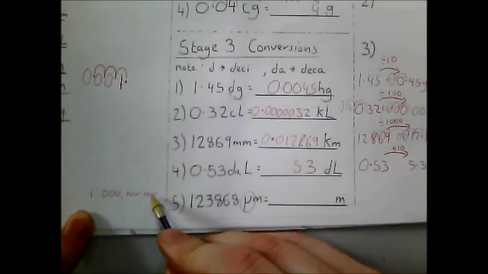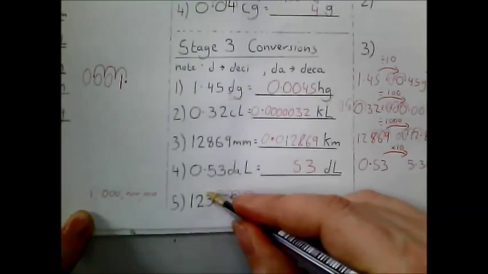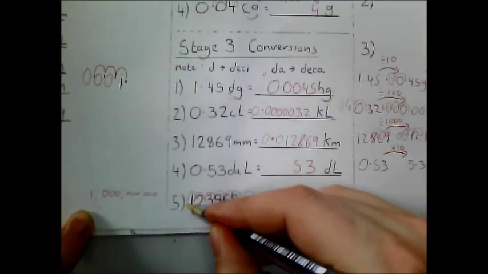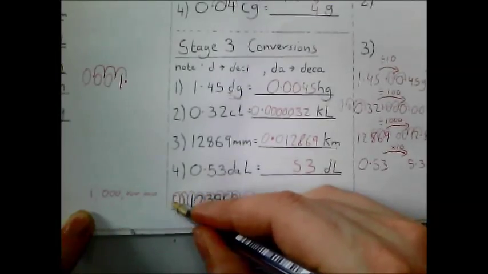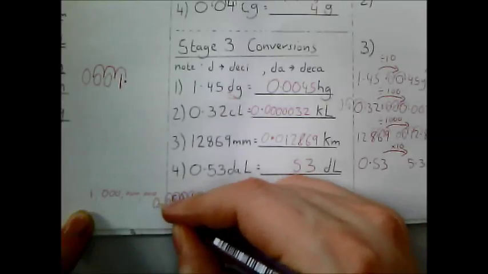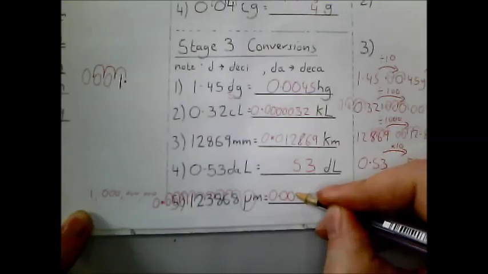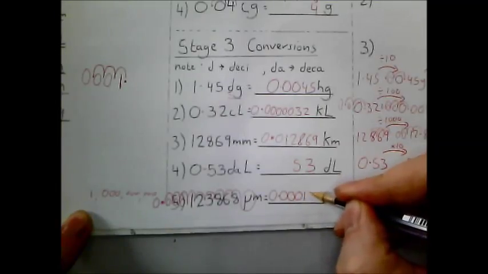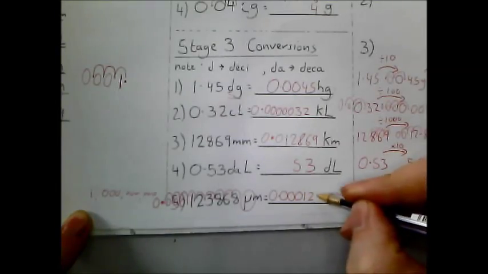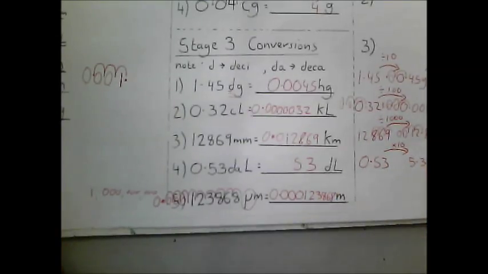So the point's going to move exactly 9 times: 1, 2, 3, 4, 5, 6, 7, 8, 9. Put a 0 in all the gaps. So I end up with 0.000123868 metres. It's not a huge number at all, and this unit is not particularly suitable.